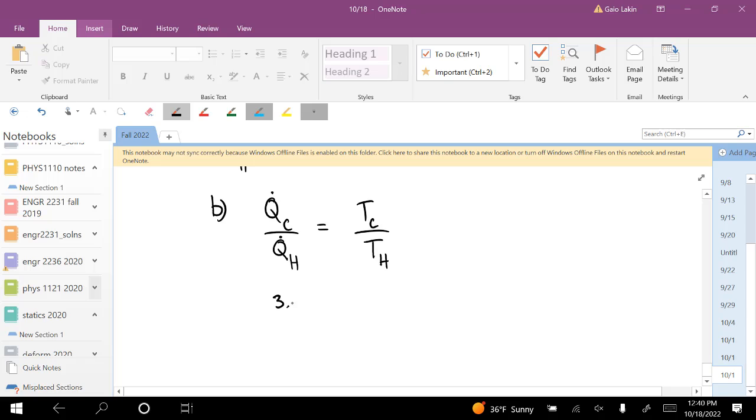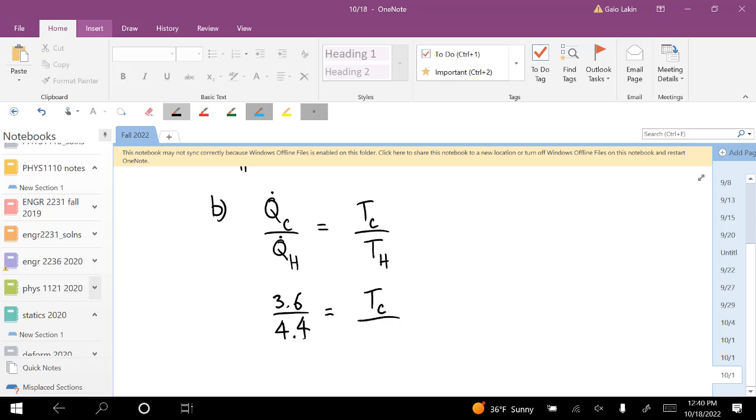So 3.6 over 4.4 is equal to TC over, and this is what Marshall asked at the beginning, it gives two temperatures at the high temperature reservoir. It gives the temperature of the coils and it gives the temperature of the reservoir itself. What we care about is the temperature of the reservoir itself.